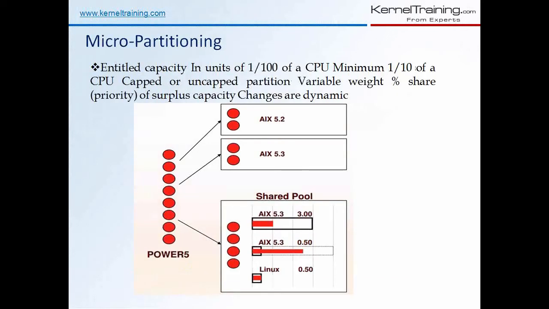What is micro-partitioning? Micro-partitioning is an entitled capacity in units of 1/100 of a CPU, with a minimum of 1/10 of a CPU. The CPU may be capped or uncapped, and it depends on the weight. We can share, prioritize, or surplus the capacity, and changes are dynamic.